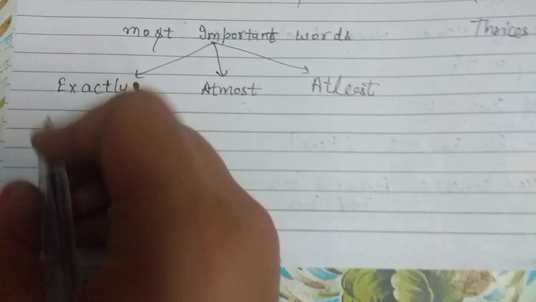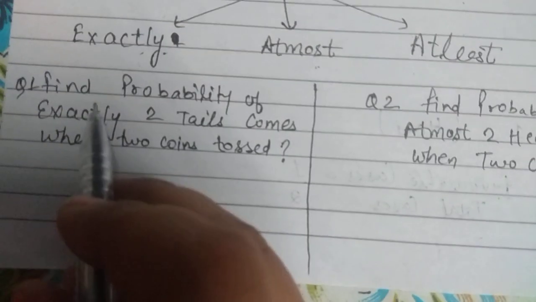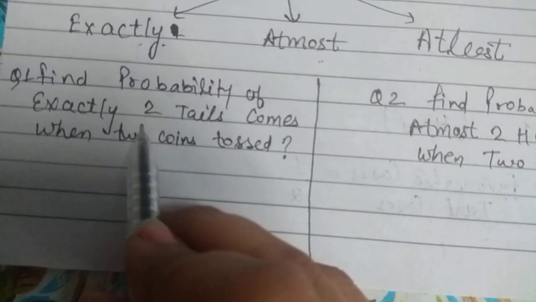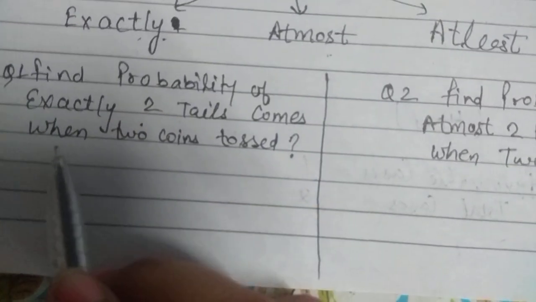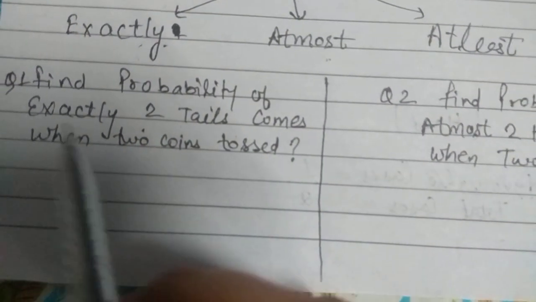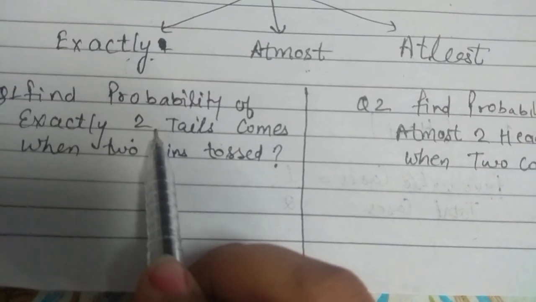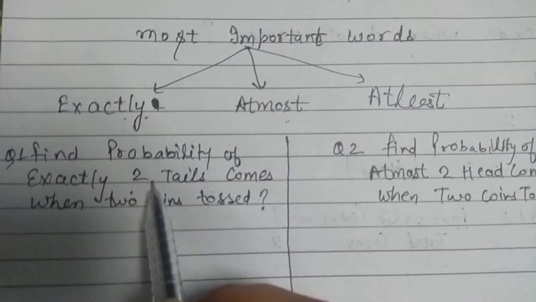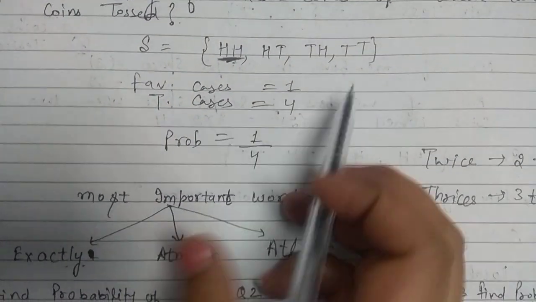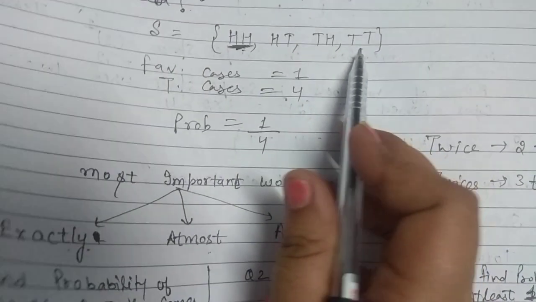So the first question is: find the probability of exactly 2 tails when 2 coins are tossed. Exactly 2 means it should be 2 only, neither more nor less. Now we see in the sample space when 2 tails come, there is one case.